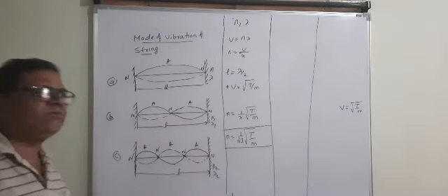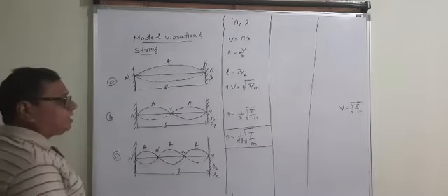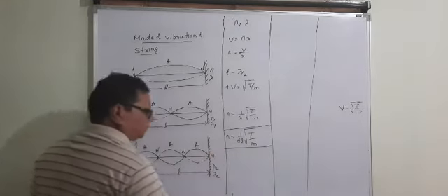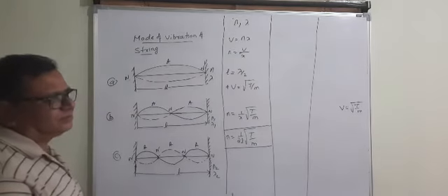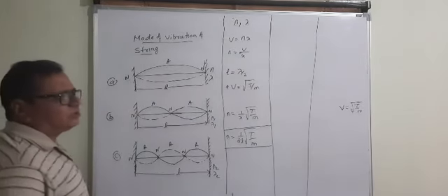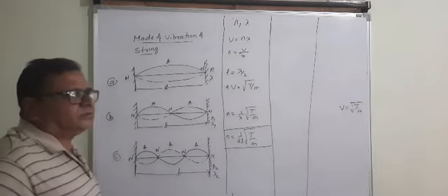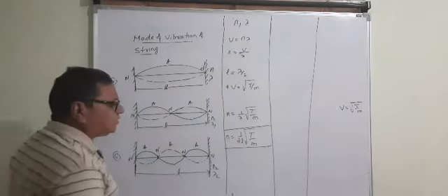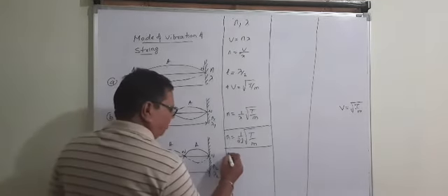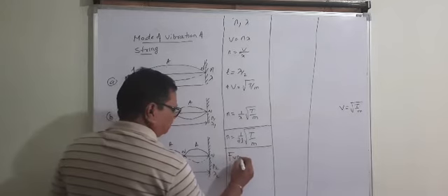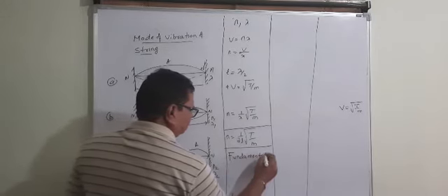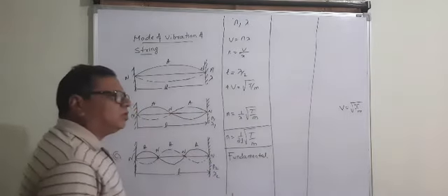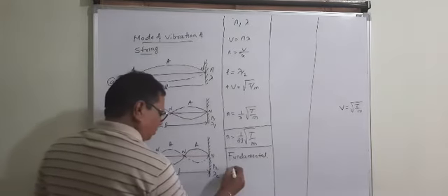We have determined the expression for the frequency of vibration in a stretched string. It is the simplest, it is the fundamental. Therefore, the frequency of vibration is called fundamental frequency, or it is also called the first harmonic.